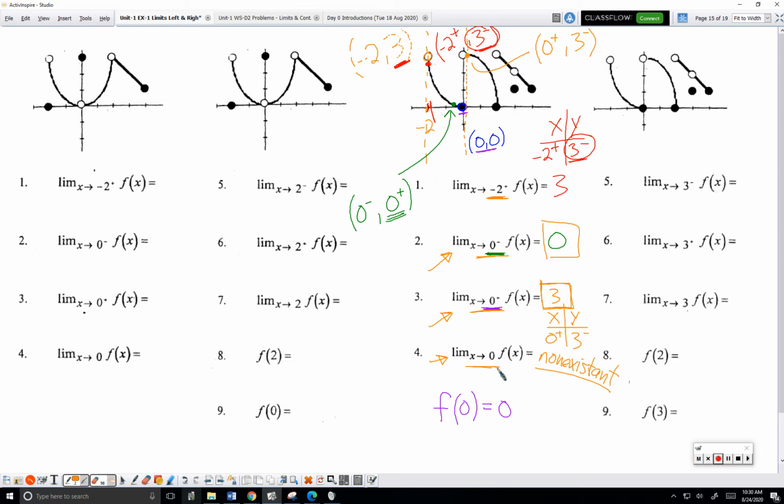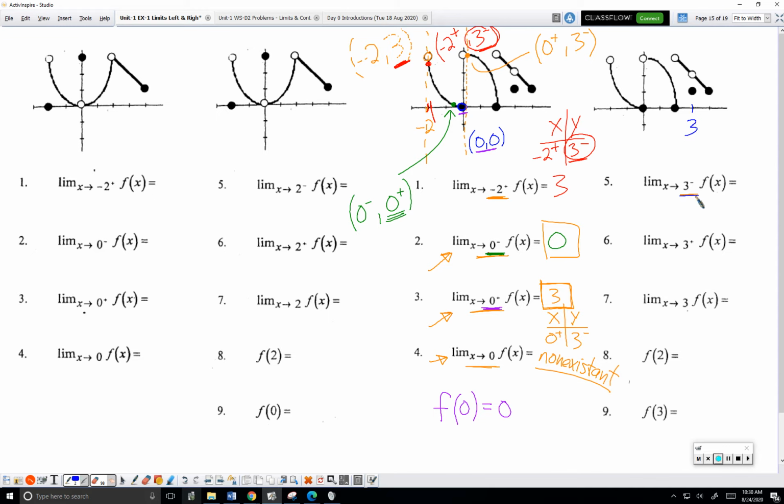Looking for what happens when x is close to 3 from the left. So x equal 3 is right here. That's exactly x. I drew that badly. So x equal 3 is right there.